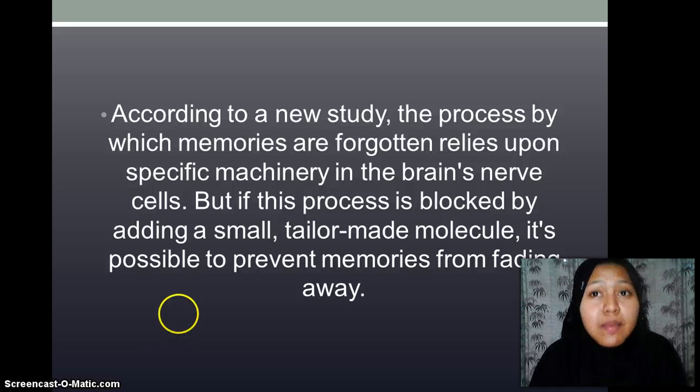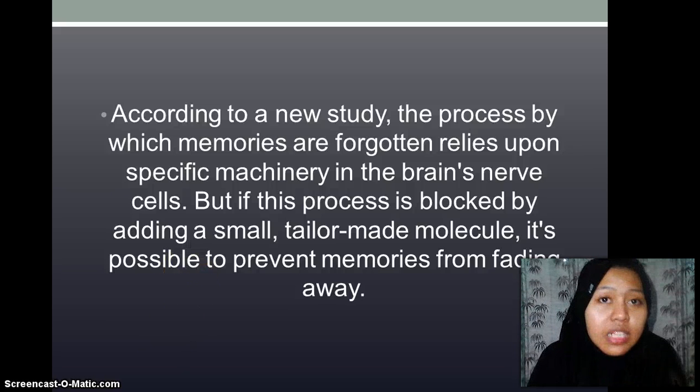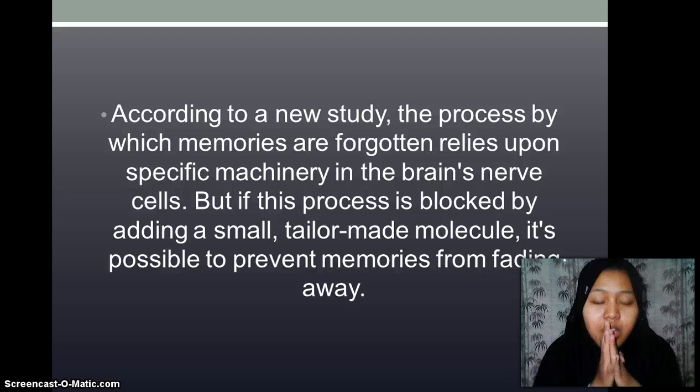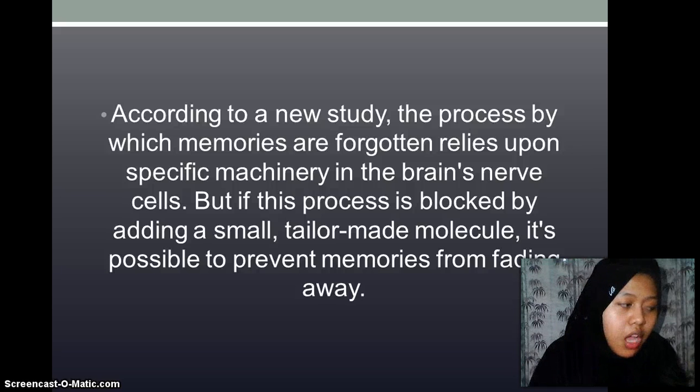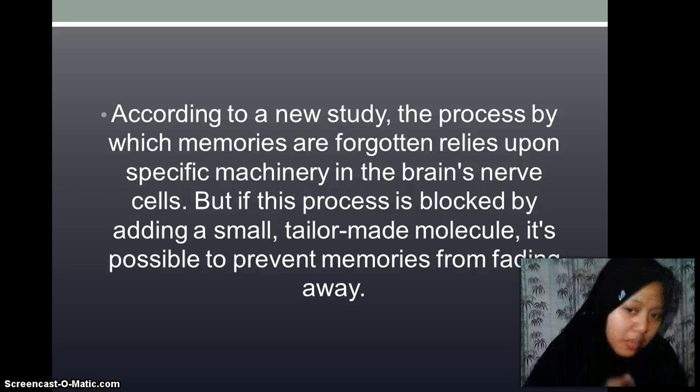Indeed, some argue that the ability to forget is key to our survival and success as a species because it allows us to learn from mistakes and adapt in new environments.